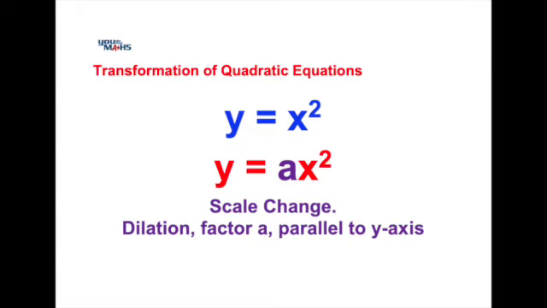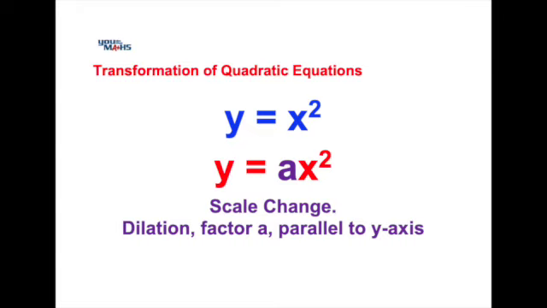Now if a is a fraction less than 1, for example a half or a quarter, and it's still positive, what happens is the graph becomes flatter or wider because all of the y values are now decreased. So for example, if a is a half, the y values are half as much as they were before. If a happens to be negative, we see the same changes as if a was positive, but the parabola is reflected about the x-axis. So in effect, it's upside down compared to what it was originally.